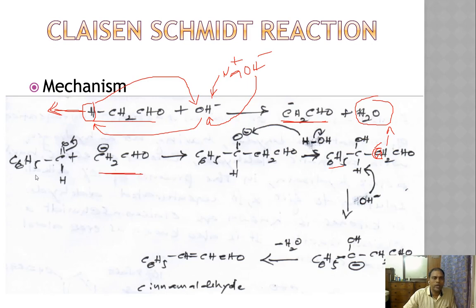This anion is going to react with the aromatic aldehyde. In this aromatic aldehyde, because of the electronegative carbonyl oxygen, the electrons are going to get shifted to that oxygen, and it becomes negatively charged. This carbon will be positively charged, and this anion is going to attack it, and that is how the bond formation will occur over here.